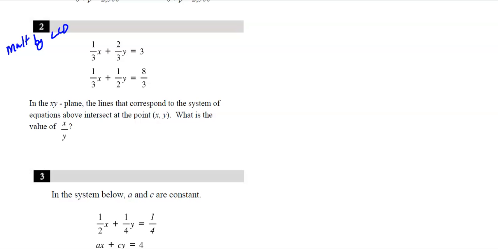So on the first row, I could multiply by 3 because both the bottom numbers are 3. So everybody gets times by 3. My new row is 3 times 1 divided by 3, so that's 1x. 3 times 2 is 6 divided by 3, which is 2y. And 3 times 3 is 9.